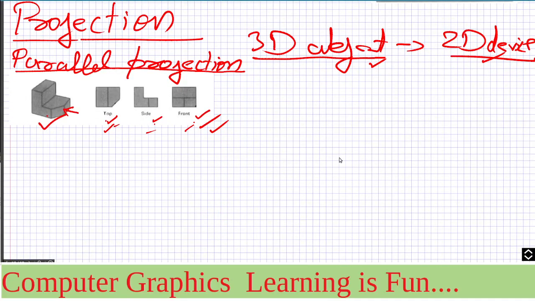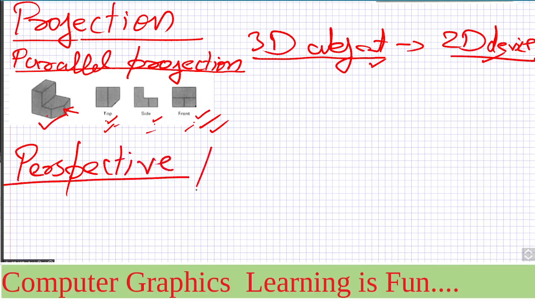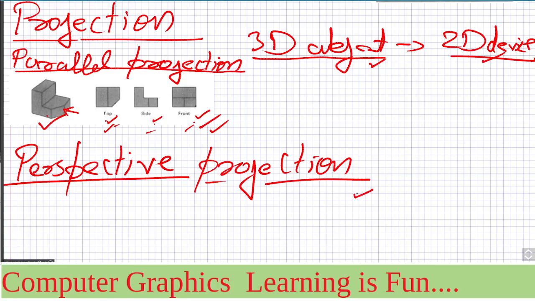Let me tell you about perspective projection. In perspective projection, what happens? It is a little bit similar to what actually happens to our eyes, or what actually happens with the lenses in a camera.